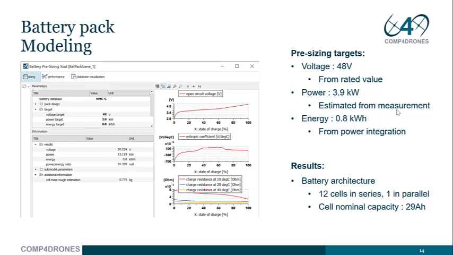So by providing these three targets and using the battery database available in Amesim of different lithium polymer technologies, the battery pre-sizing tool module computes the battery architecture, the cell nominal capacity, but also different tables to describe the open circuit voltage variation with respect to the state of charge of the battery, and the charge and discharge ohmic resistance with respect to the state of charge.